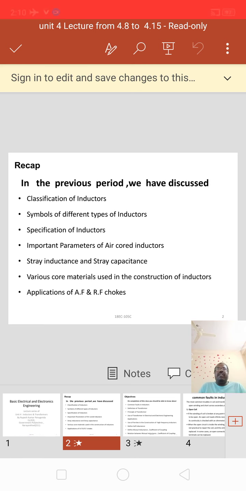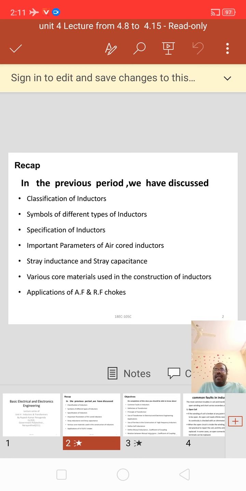In the previous period we have discussed classification of inductors, symbols of different types of inductors, specifications of inductors, important parameters of air cooled inductors, stray inductance and stray capacitance.